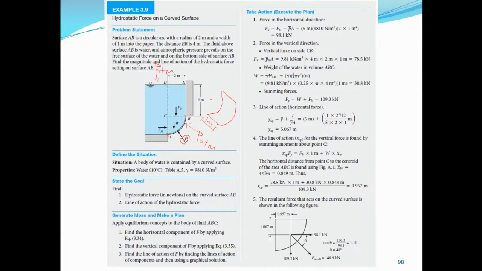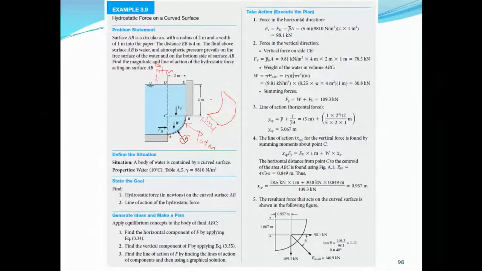Now, in this case, we have water which is contained by a curved surface, and we want to find the hydrostatic force as well as the line of action. A line of action here simply means we want to know the direction of the hydrostatic force. And how do we do that?